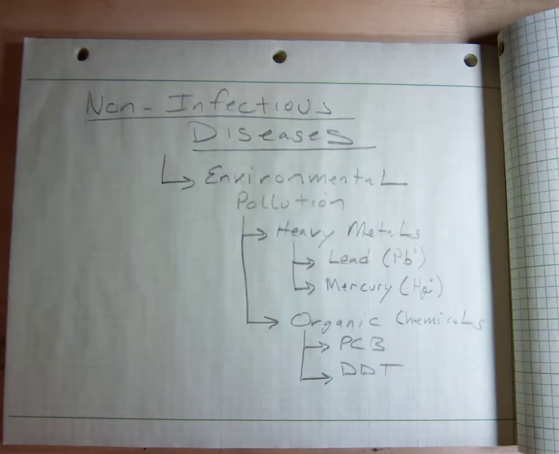Another substance that is known to cause non-infectious disease is mercury. Mercury was first noted as such when it afflicted large numbers of people in the Minamata Bay region of Japan in the 1950s.